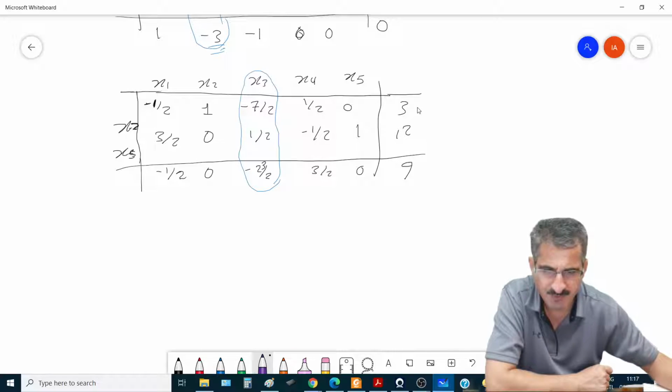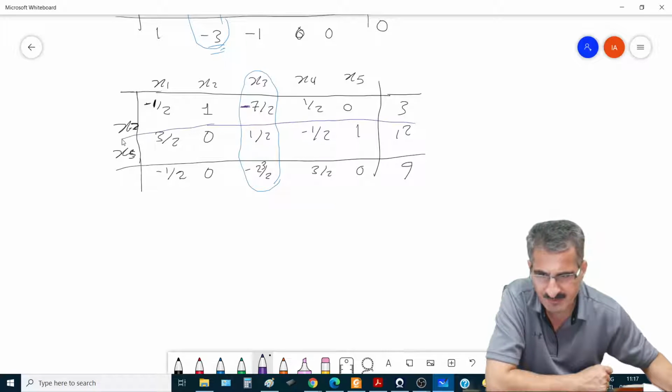And now if we divide, we do not divide over this because it is negative, we will just have one choice, which is this.